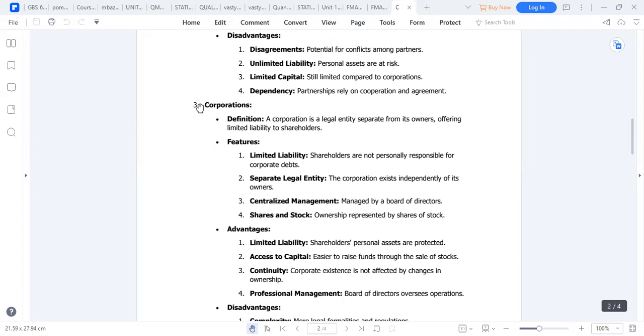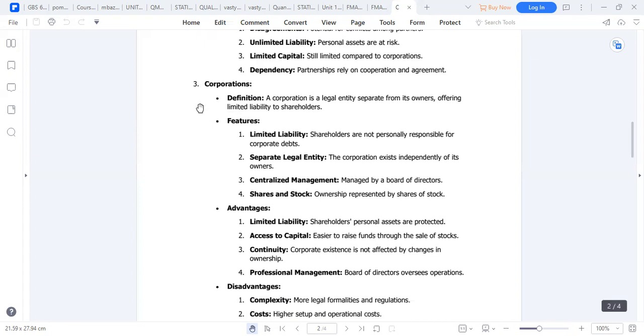Corporations are legal entities separate from their owners, limited to the shareholders. So we have limited liability for the shareholders. We have corporations and we have companies. Corporations are entities where individuals sell goods to their owners at a reduced price compared to the market price, ensuring that the individuals that are part of this entity benefit.